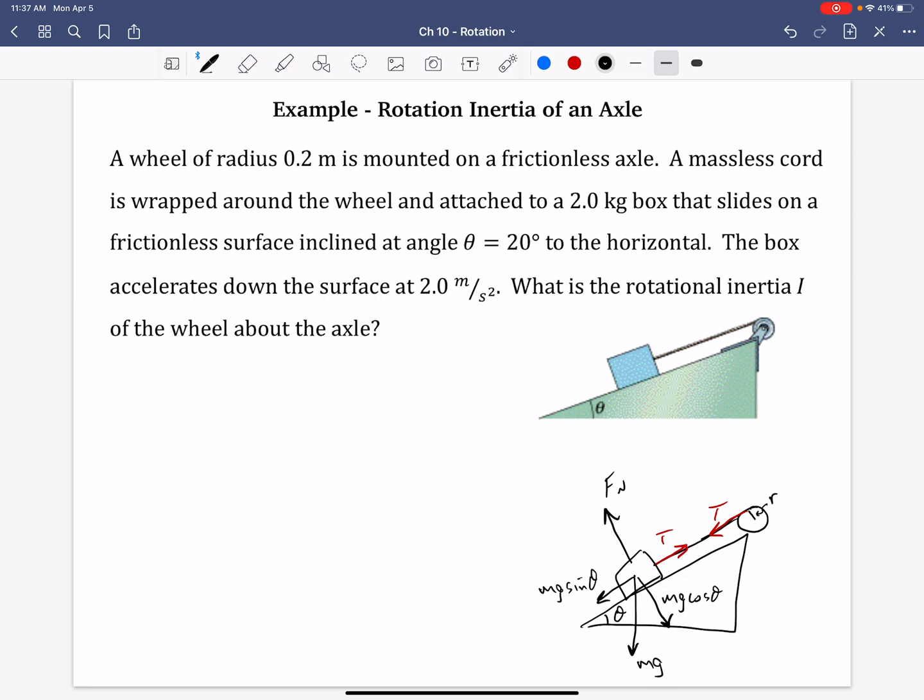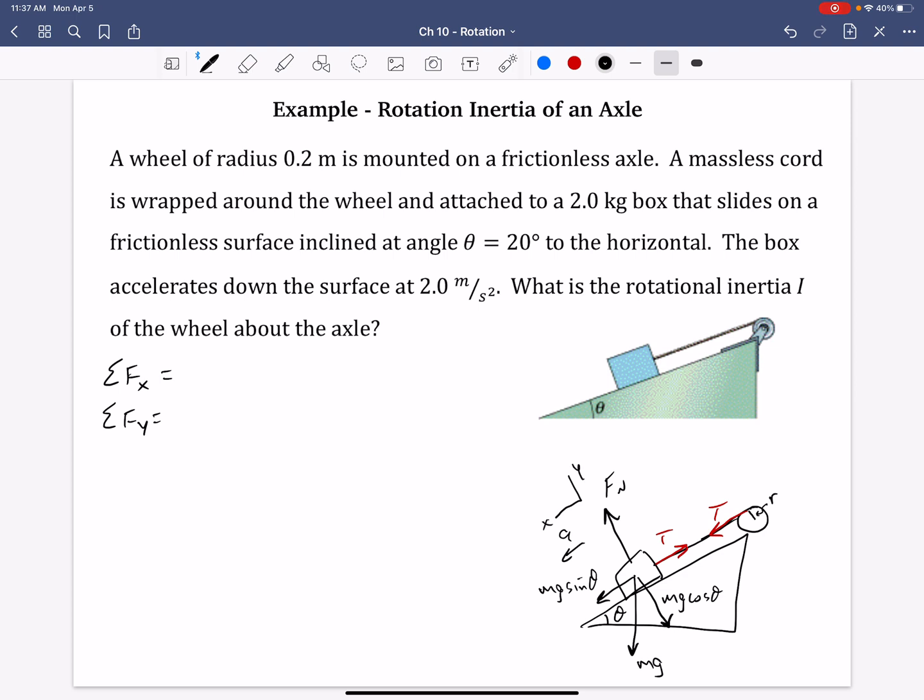So let's get an expression for T, which means we're not done yet with our free body diagram. We have to write out the second law equations. I need directions. Let's see. This object is accelerating down the incline, right? So let's put our positive x in that direction, right?